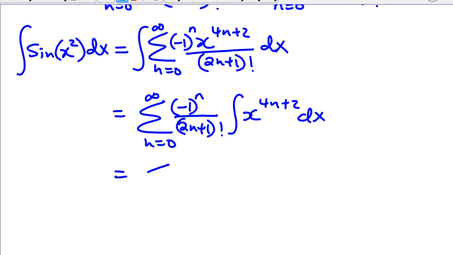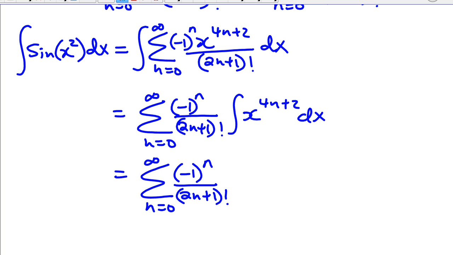So this will be the summation from n equals 0 to infinity of negative 1 to the power n over 2n plus 1 factorial, and this will be for x to the power 4n plus 3 over 4n plus 3.